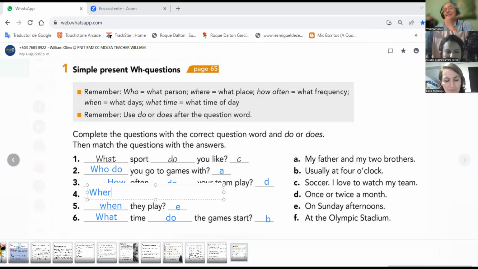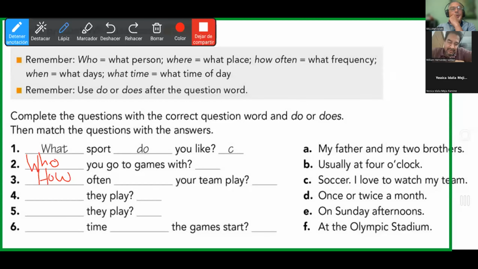Pero hay que completar la número 2. Ahí falta algo en la letter A. Hace falta algo más en la pregunta. Who do you?